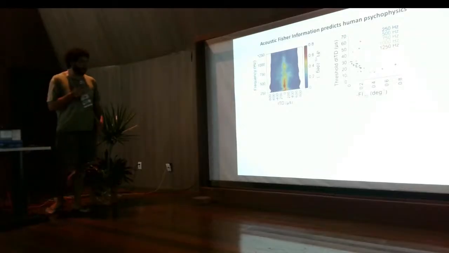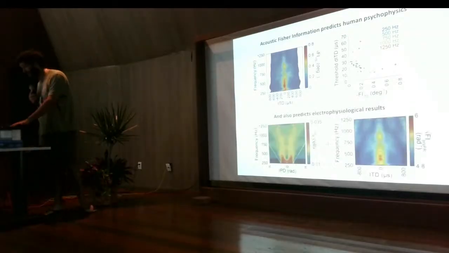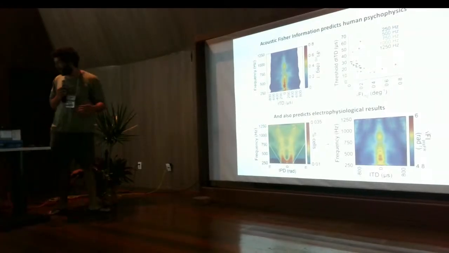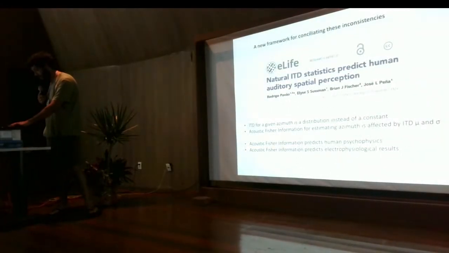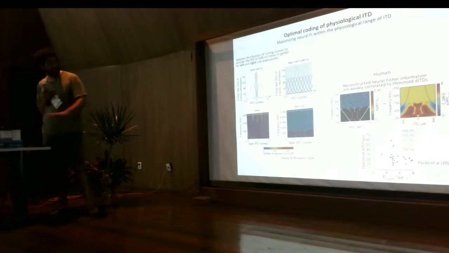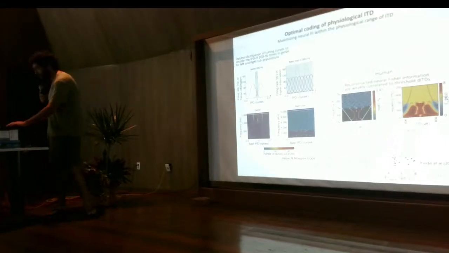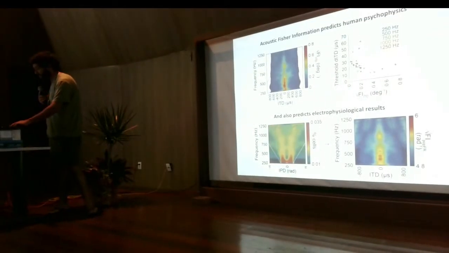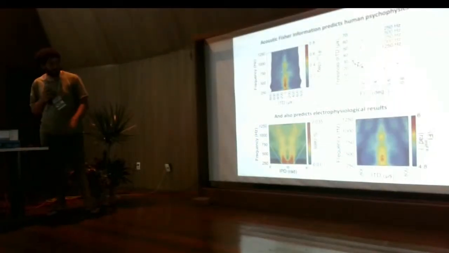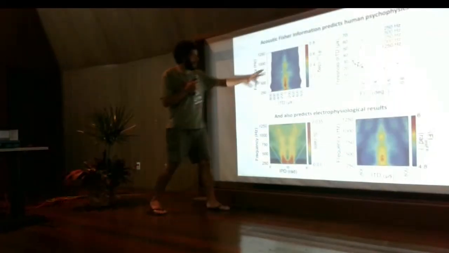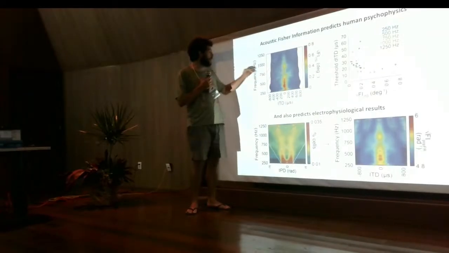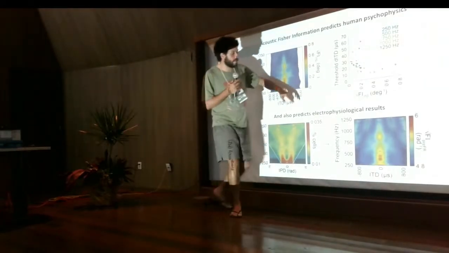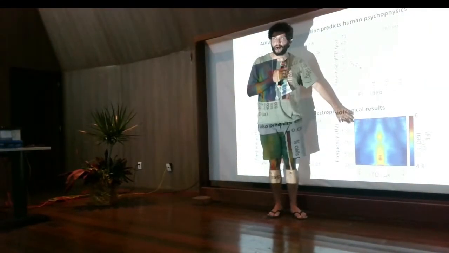And the other part, from electrophysiology, is we took that same model that they were running here, right? This approach of maximizing Fisher information in the physiological values. But what we tried to do is match the acoustic Fisher information with the Fisher information of the population of neurons, right?